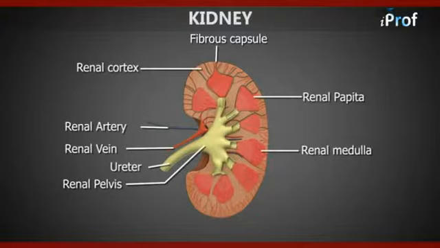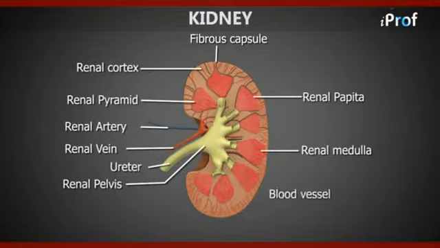In the medulla region, some pyramids are present called renal pyramids, and the blood vessels are also present.